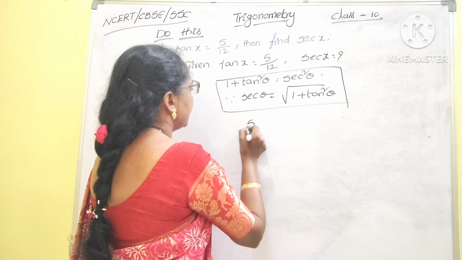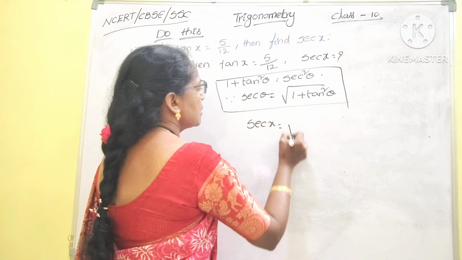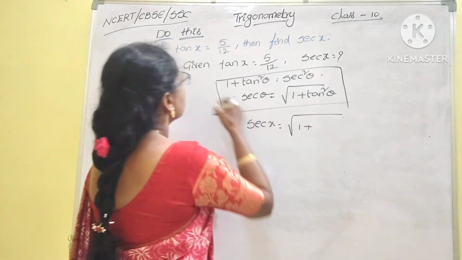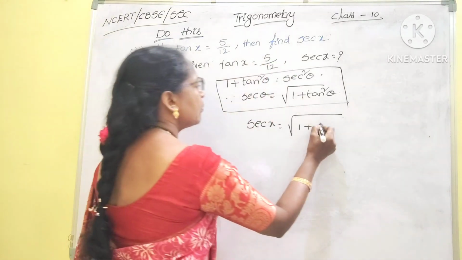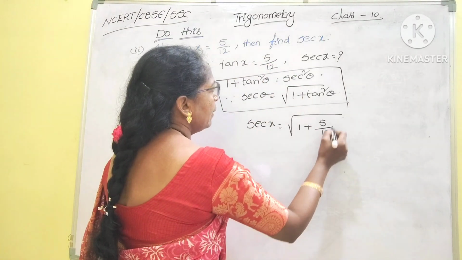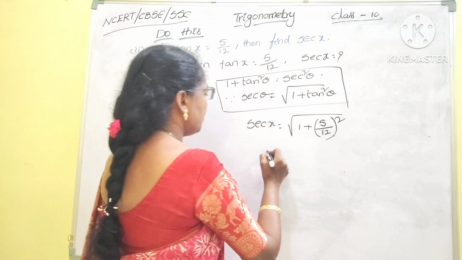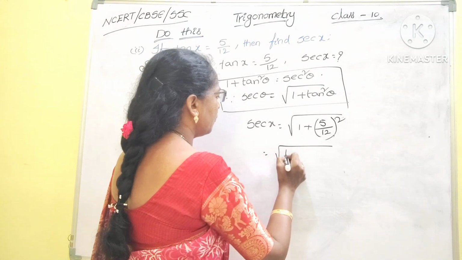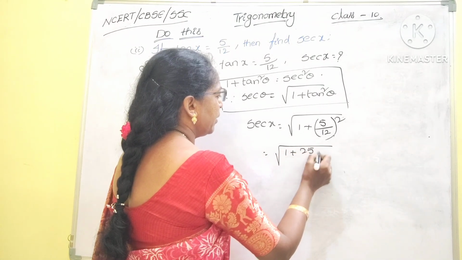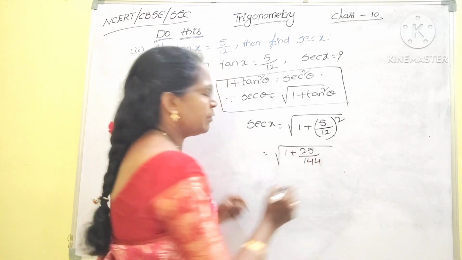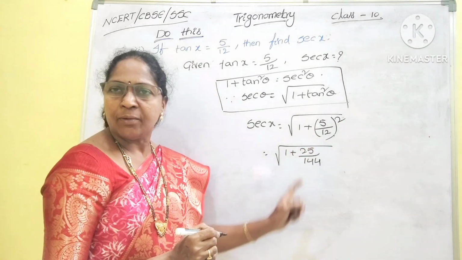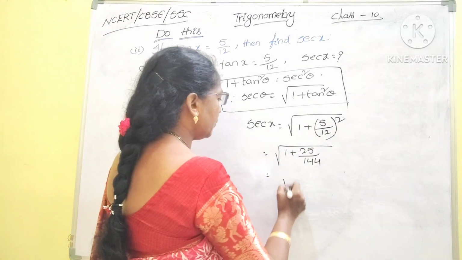Now secant x equal to square root of 1 plus tan square x, where tan x equal to 5 by 12. Square is there, so you have to write whole square. Now simplify. Square root of 1 plus 25 divided by 144, since 12 square equals 144. Now find the LCM.